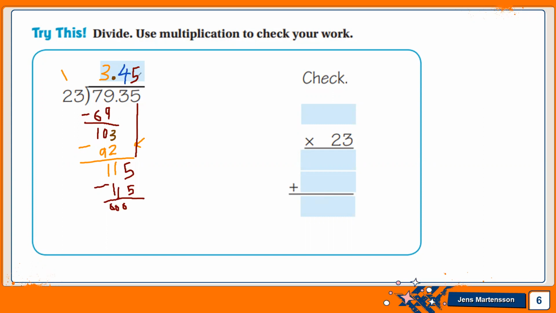Because when you multiply, you must write the product, then you must subtract them. Here, 115 divided by 23, you will get 5. Then this 5 multiplied by 23, you will get 115. Then you have to subtract them.